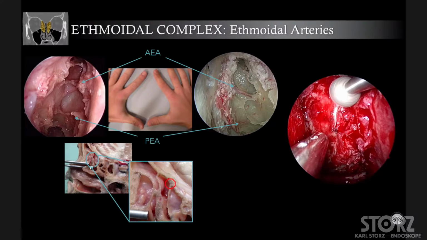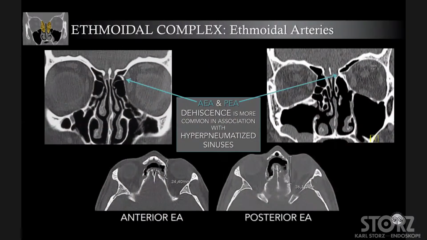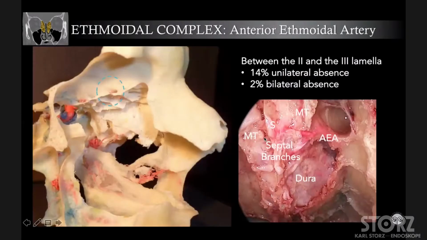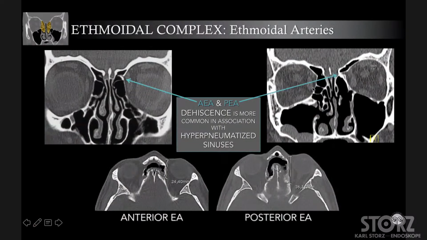In some rare cases, you can also identify the middle ethmoidal artery, another additional artery in between the anterior and posterior.